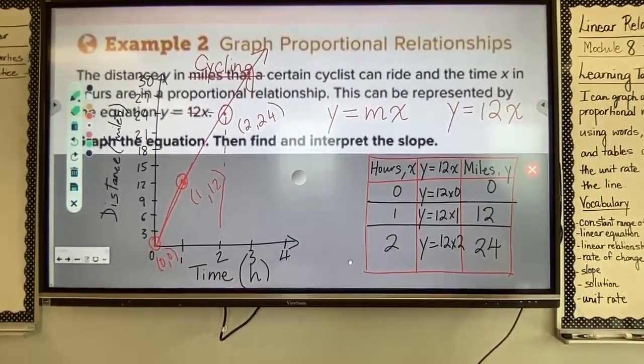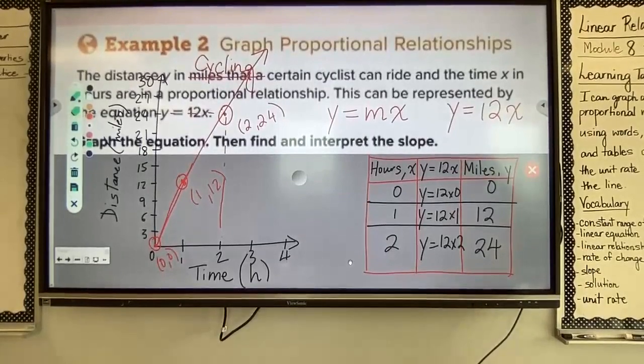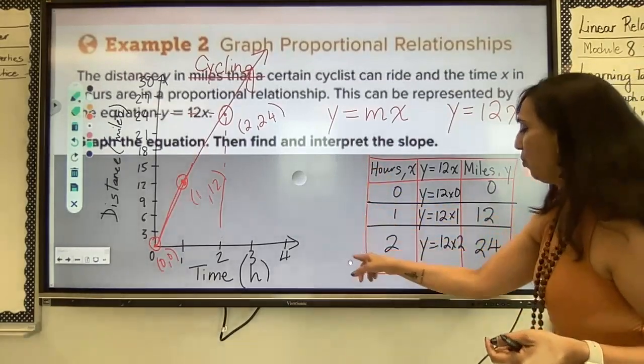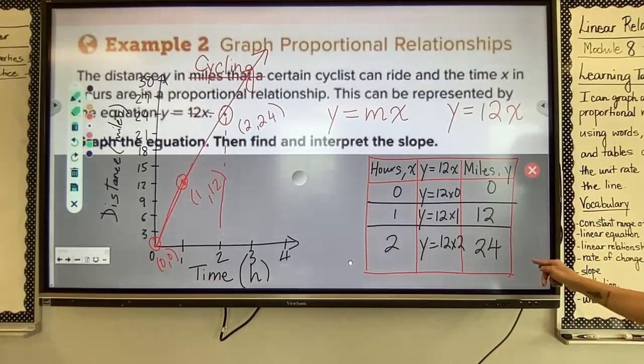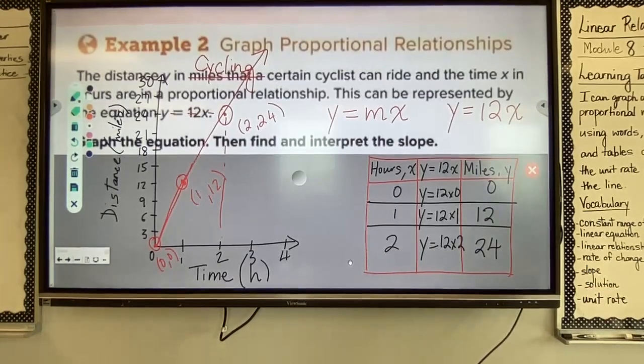In the table, the unit rate is the constant rate of change. Look, this is increasing by 1, and this is increasing by 12, as you can see. So that is the constant rate of change. And in the graph, the unit rate, 12 miles per hour, is the slope of the line.